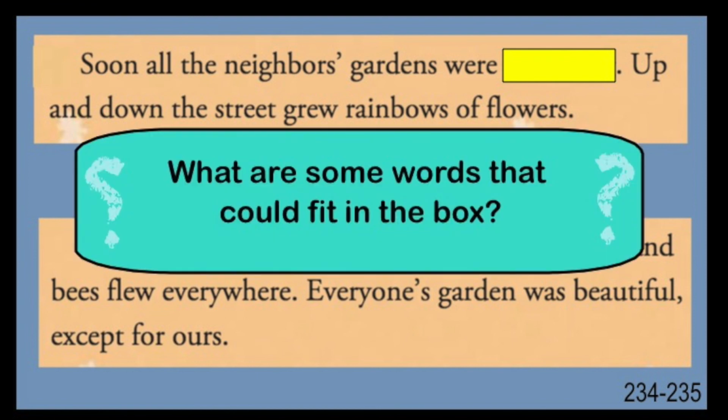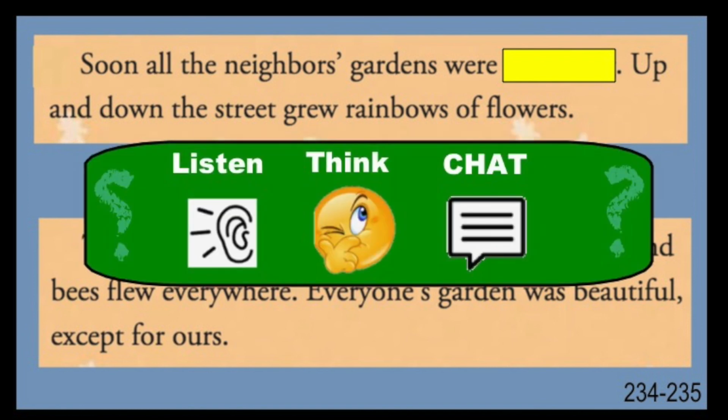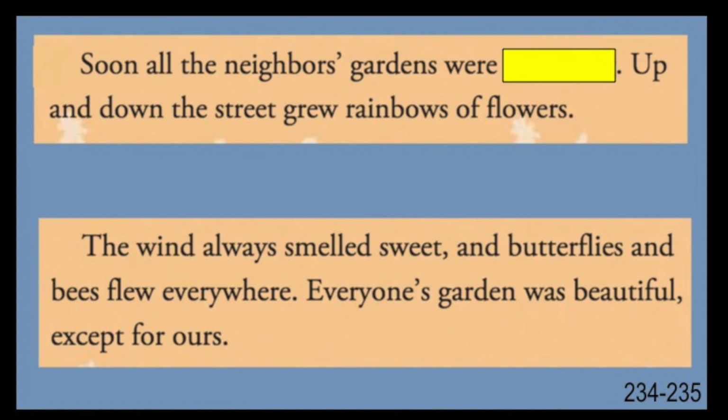What were the neighbors' gardens doing? What are some words that we could fit in that box? Listen again as I read the sentence. Think about words that could go in that box and write them in the chat. Soon all the neighbors' gardens were blank. Up and down the street grew rainbows of flowers.